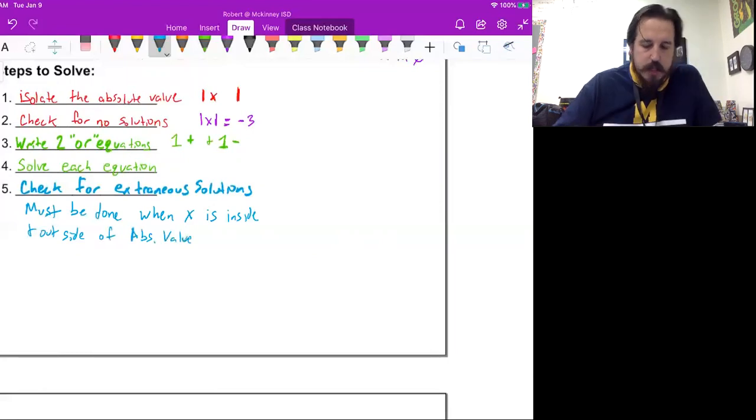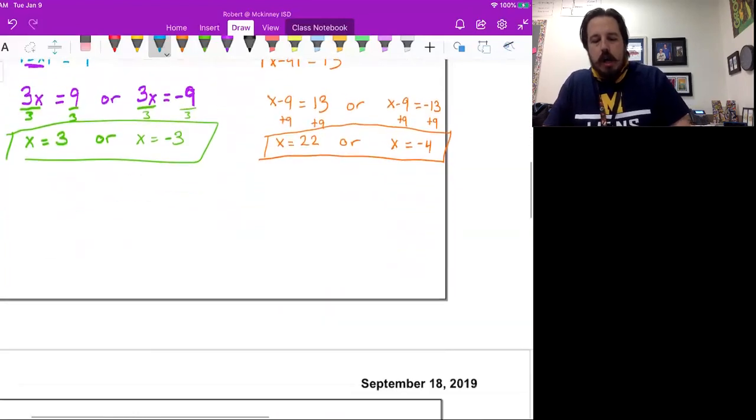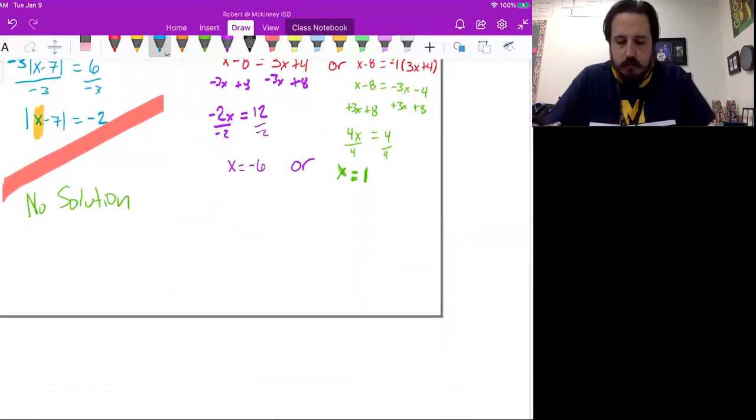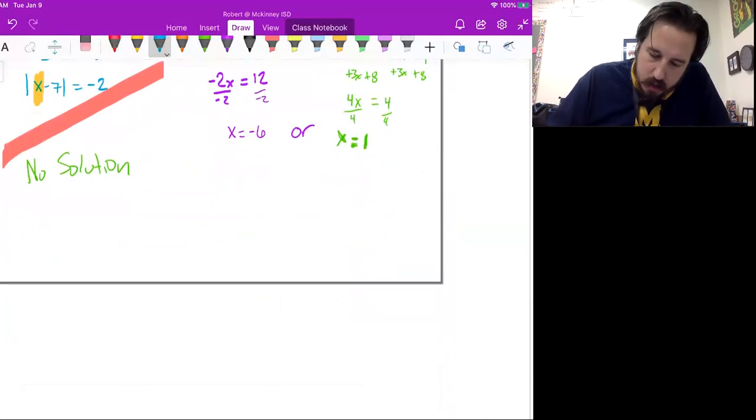So when I have an x in the absolute value, as well as on the other side, I have to do this. An extraneous solution.